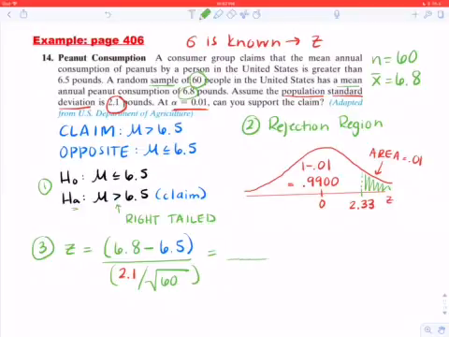And that's going to give me a new standard deviation of approximately 0.2711. And I'm going to take that numerator, which is 0.3, and divide it by that standard deviation. And that's going to give me a Z-score here, rounded to two places, of 1.11.